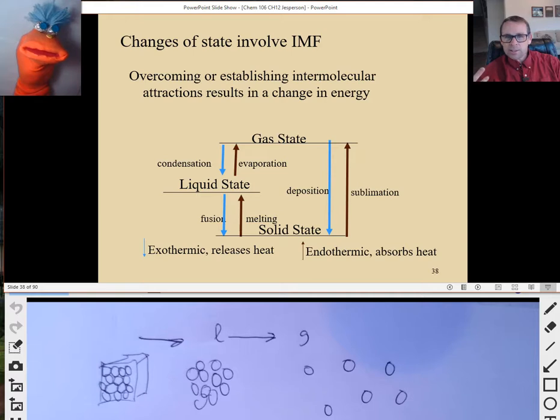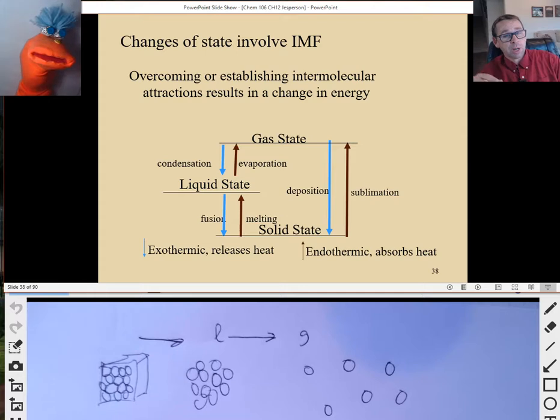That means they're releasing the energy that they had in the form of forming those intermolecular interactions. They're not really bonds, they're interactions, but those interactions will release energy as they form.